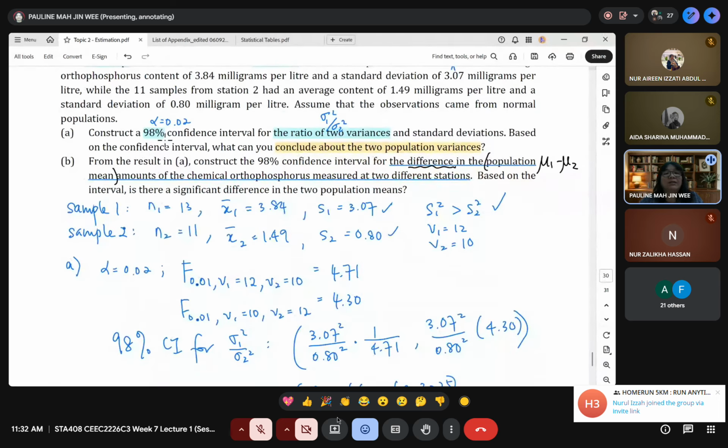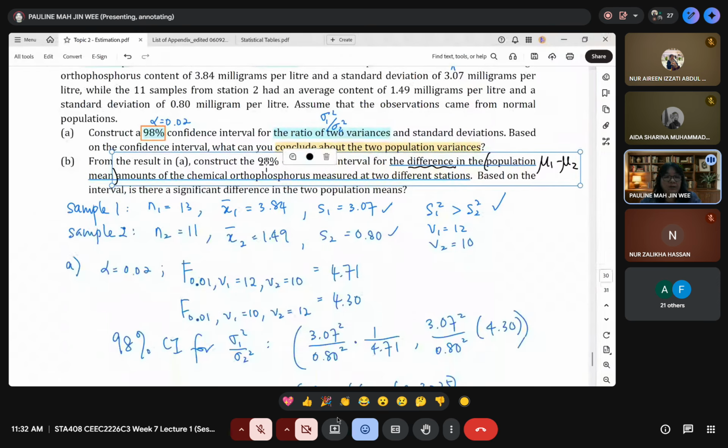For any situation dealing with confidence intervals where both are related in the same question, for example the first part is your variances, the second part would be the mean, please make sure that the two confidence levels are exactly the same. If one is 98 and the other one is 95, then they are not workable because you cannot base your conclusion on different confidence levels. Your conclusion must be based on the same confidence level.